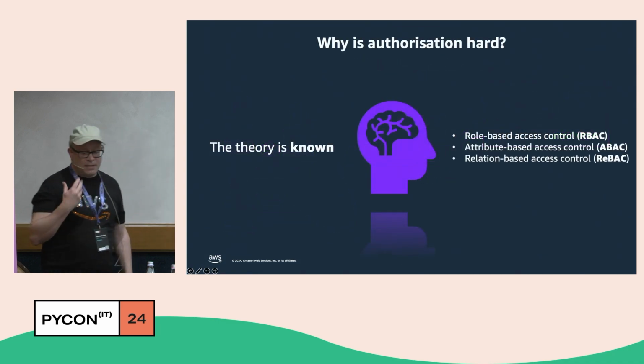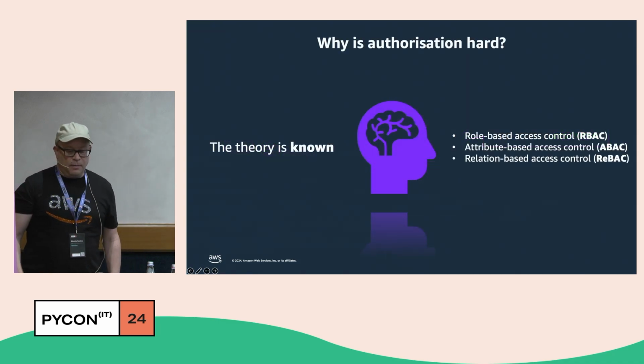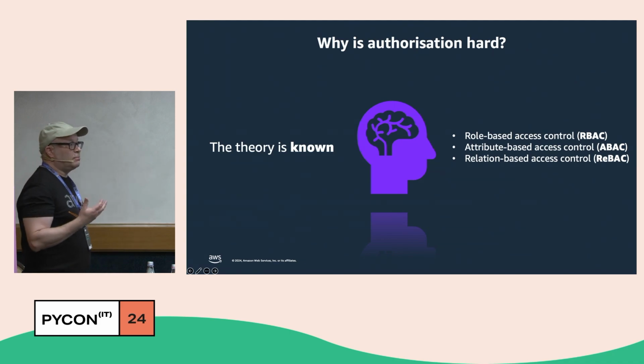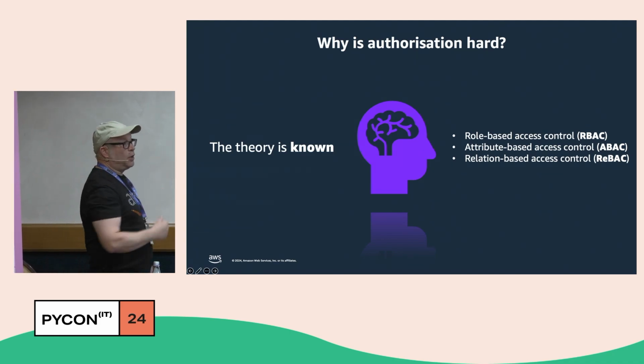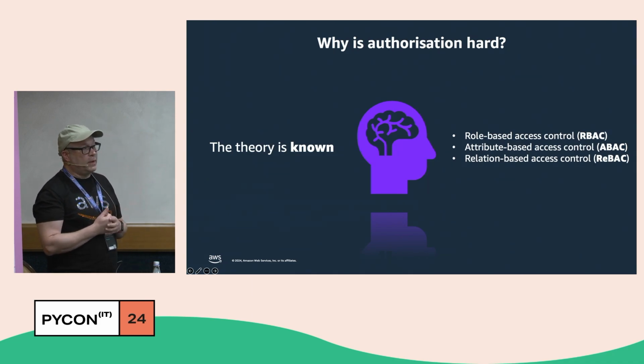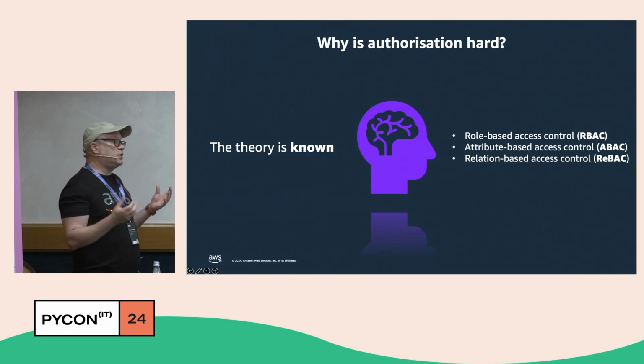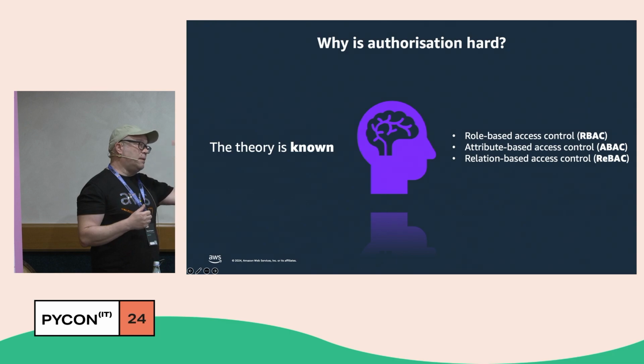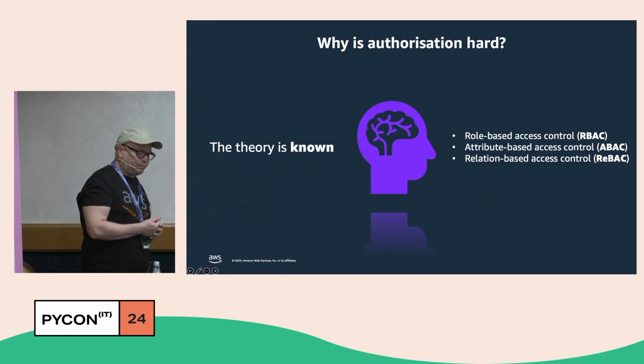Now, over the last 20 to 30 years, a lot of work has been done to solve this problem, and a number of different approaches have been created. RBAC, which is role-based access control, is typically a hierarchical approach. You can think of it as a directory tree. For example, I'm in an organization, I'm in a department, and I give access to anyone in that department.